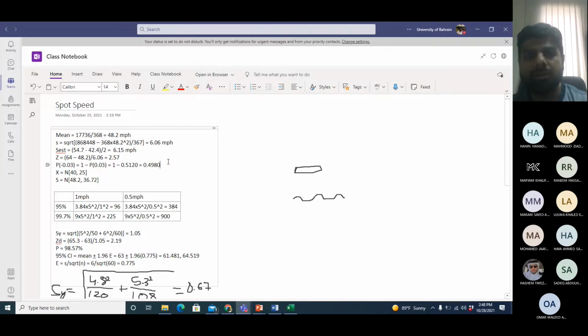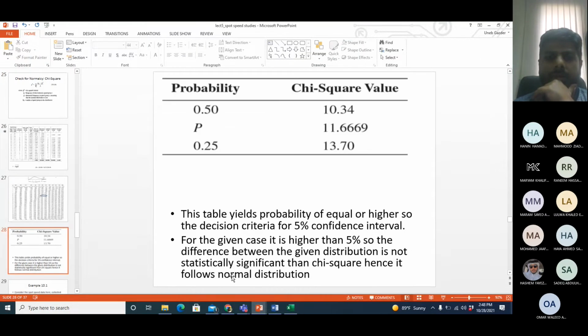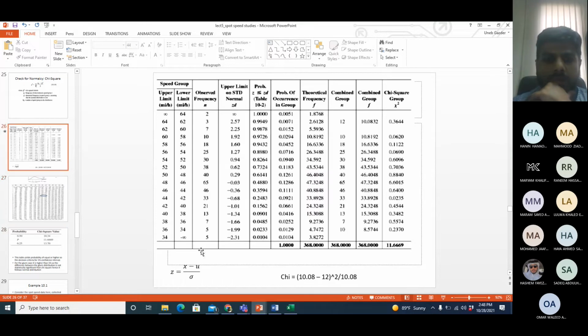This will give you the probability of the negative value. For example, for minus 0.36, get the probability of plus 0.36 from the table, and then 1 minus that probability will give you the probability for minus 0.36.